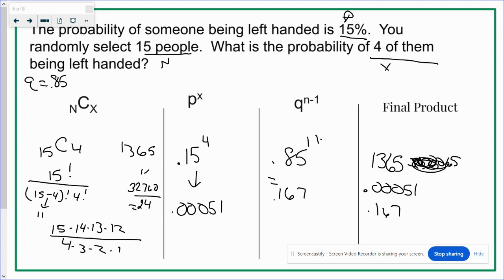All right, multiply the 3. 0.167 times 0.00051 times 1365 is 0.1163 if I round it. So that would be about 11.63%.